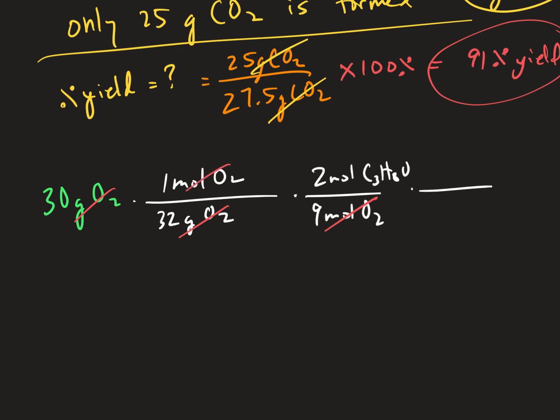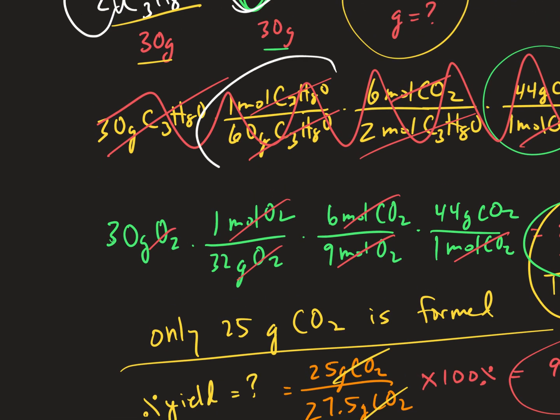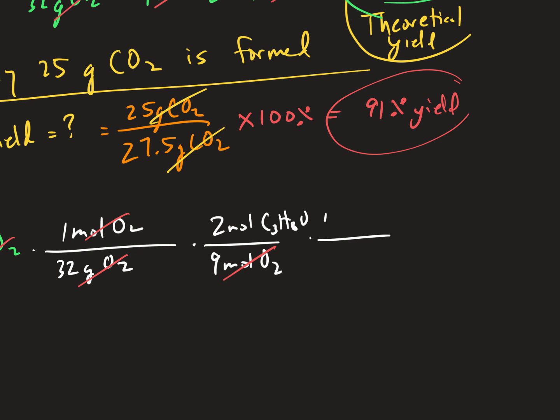And then we convert that to grams, and we don't have to redo it all because we did it right here. We're just going to copy and paste that guy. But flip it, right? 60 grams of C3H8O to 1 mole of C3H8O. That goes away.